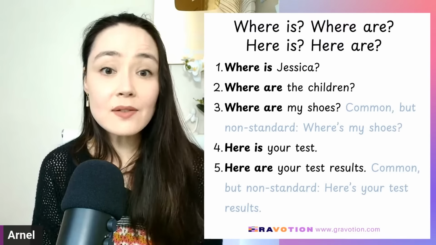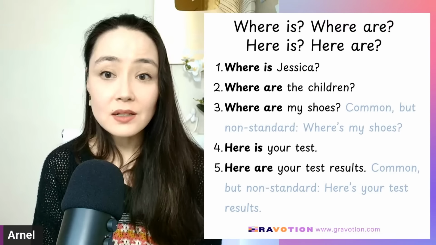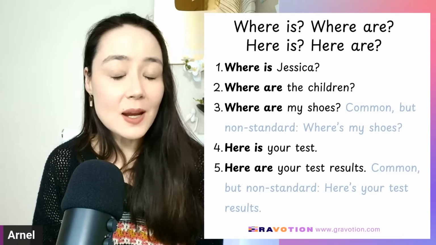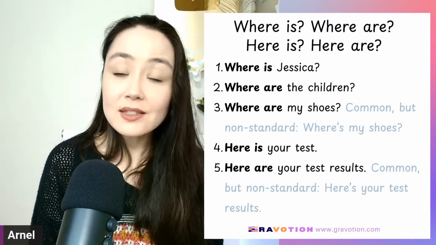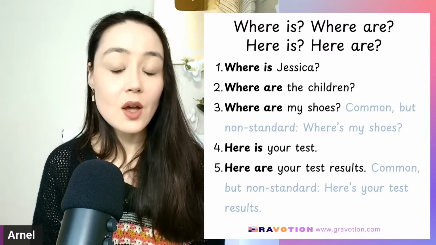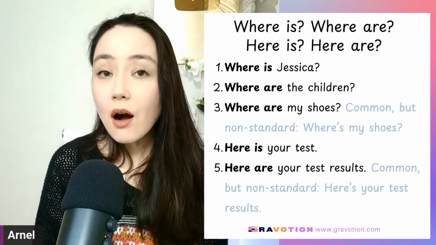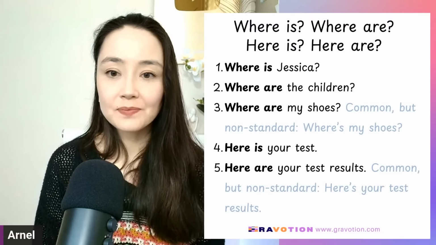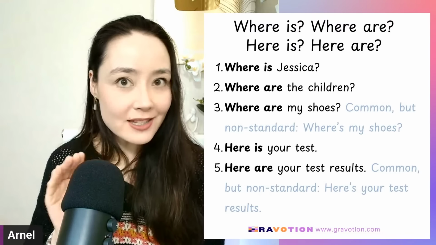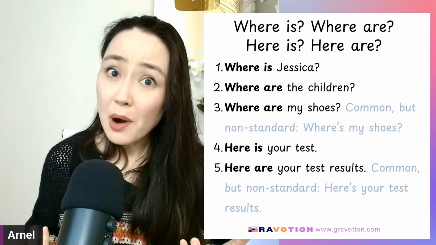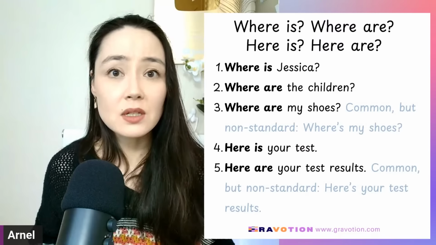The same thing for where is, where are, here is, here are. Number 1, where is Jessica? Where are the children? Where are my shoes? Common but non-standard again. When native speakers are speaking quickly, they will probably say, where's my shoes?